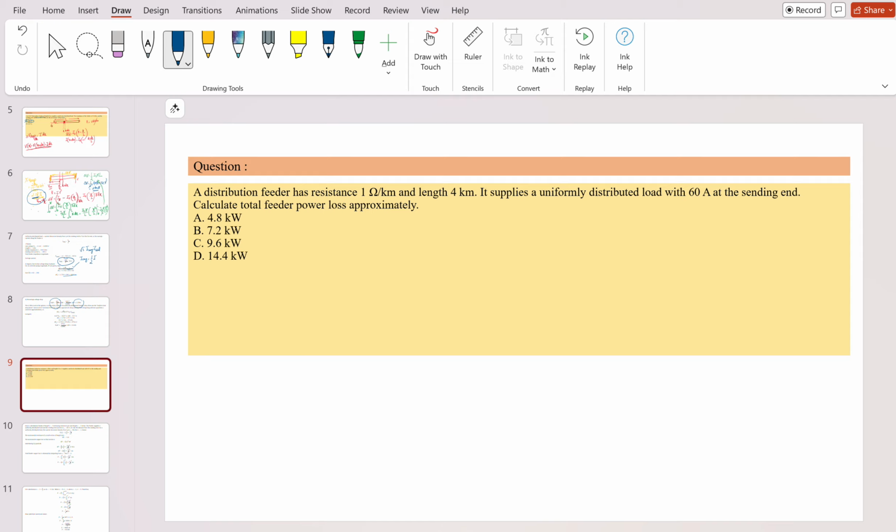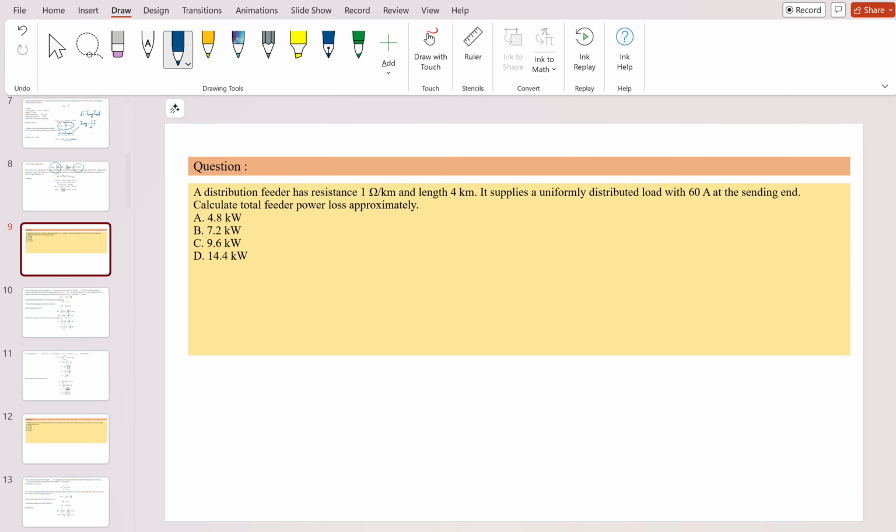Option A. This I have explained in the first question. I just kept it to give a glimpse and to remember the formula.